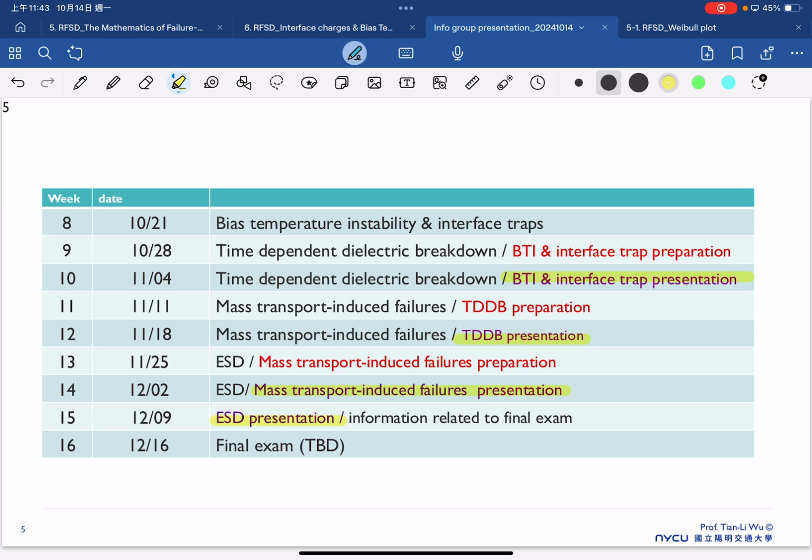And the final exam right now is tentatively decided on December 16, but we will still discuss later on. So that's still to be determined. If there's any delay in our schedule, for sure we will find another time for the final exam.